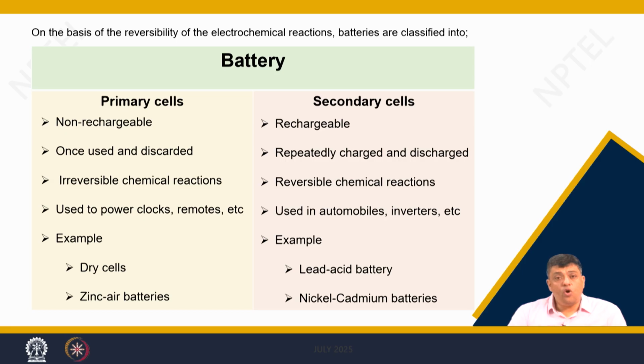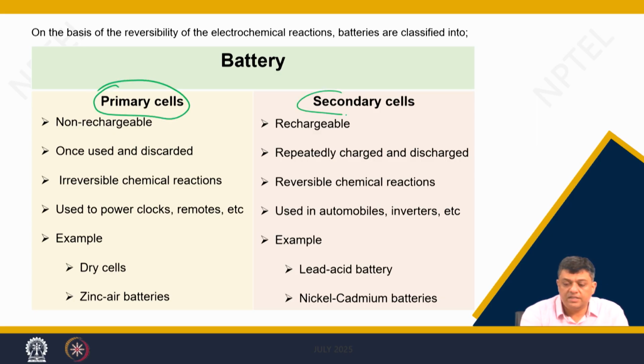On the basis of the reversibility and the electrochemical reactions that are observed in such batteries, they are classified into two broad subheadings: primary batteries or cells, and secondary cells or secondary batteries.